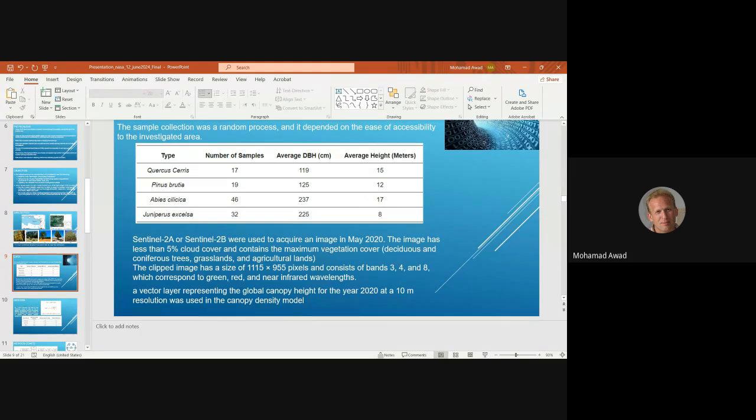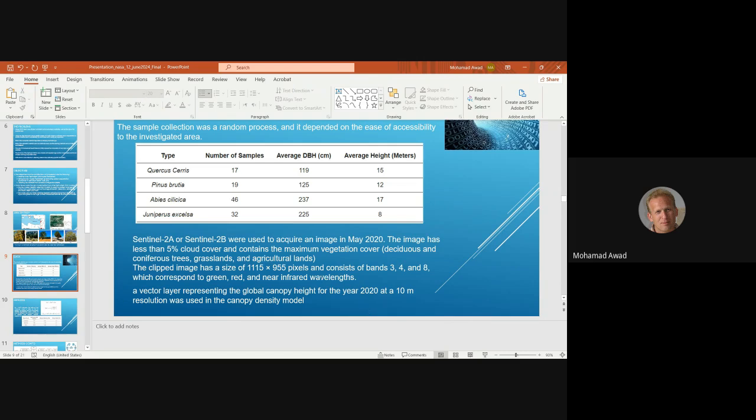And the reason for selecting the image in May is to have a complete cover of vegetation, especially since we have a variety of deciduous and coniferous trees. At that time, we can have all the biomass above the ground. So we won't have any problem with deciduous trees.